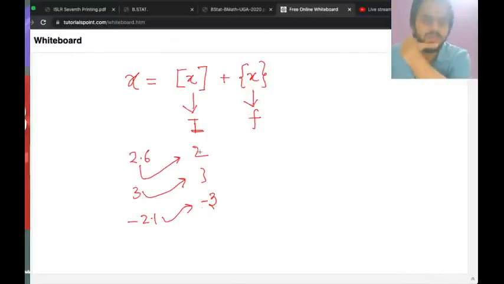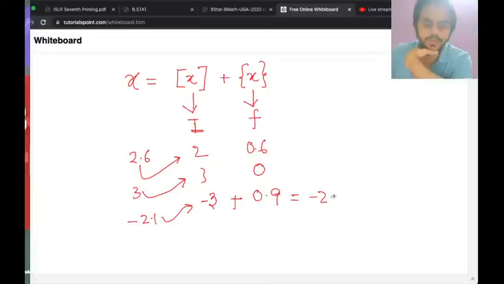For the fractional part, this is 0.6. This is 0. And for this, the fractional part will be 0.9, because if I add 0.9 with minus 3, I'll have minus 2.1.